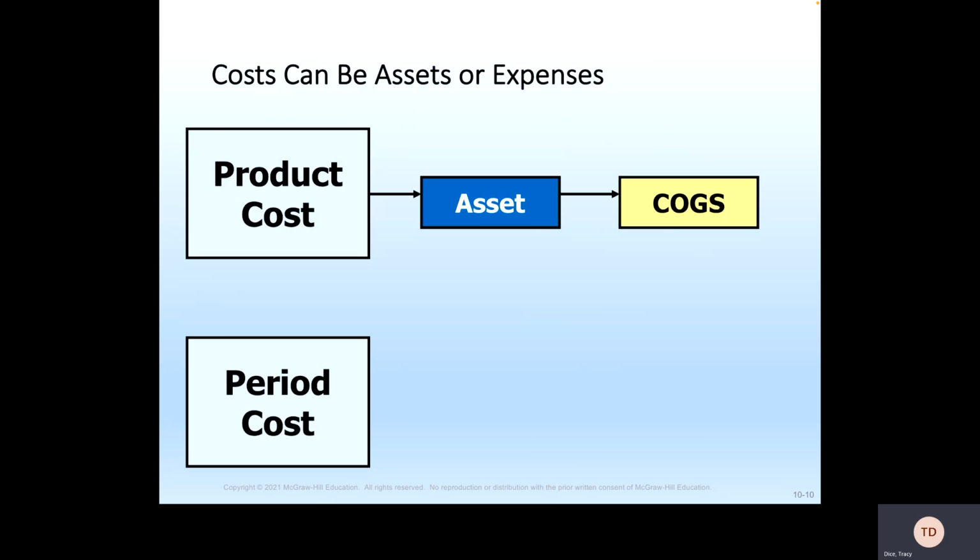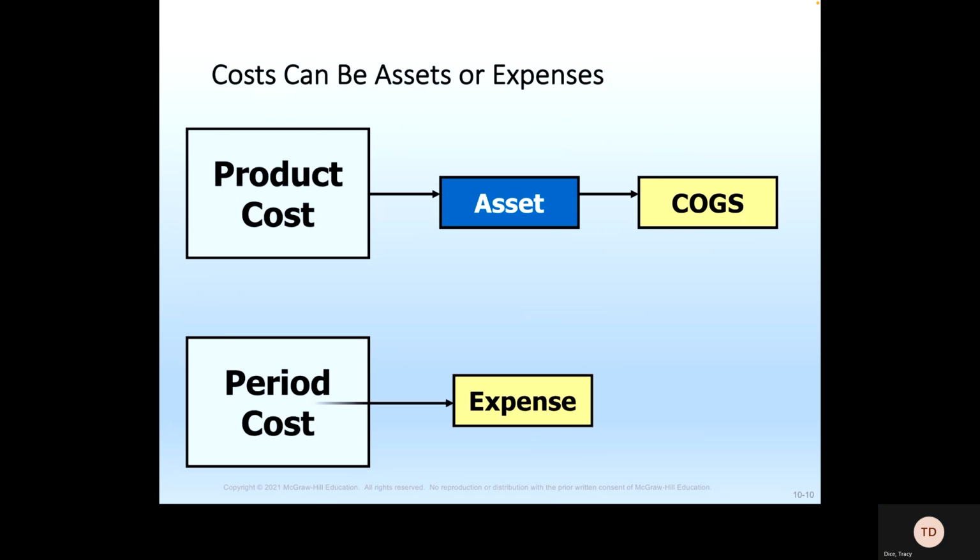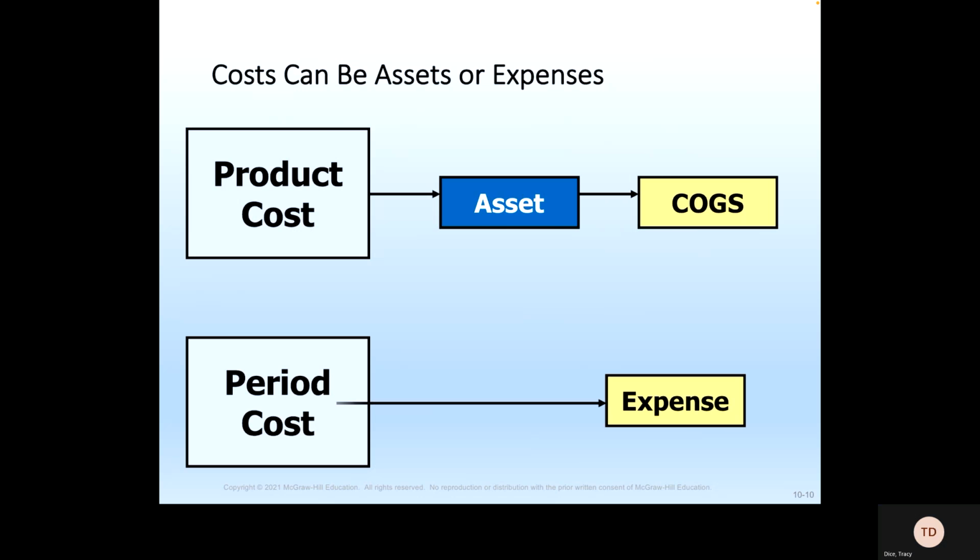So again, those are not expensed in the period they're incurred all the time unless you sell them in that period. Your period costs go straight to expenses. Again, these are your general selling and administrative costs. They are your interest costs. They are your operating costs and your costs of income taxes.